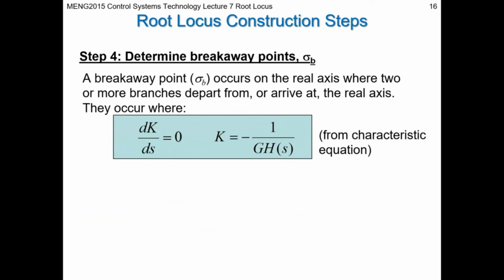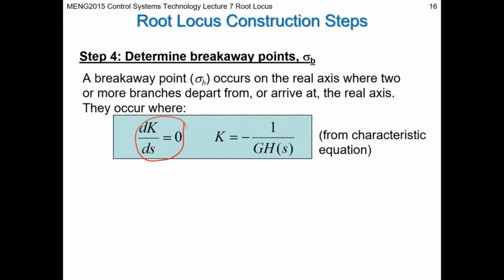The breakaway point occurs at the mathematical condition where the change in k with s equals 0, dk by ds equals 0. That might seem strange, but remember that the root locus shows the movement of the closed loop roots as you vary a parameter, usually gain k.